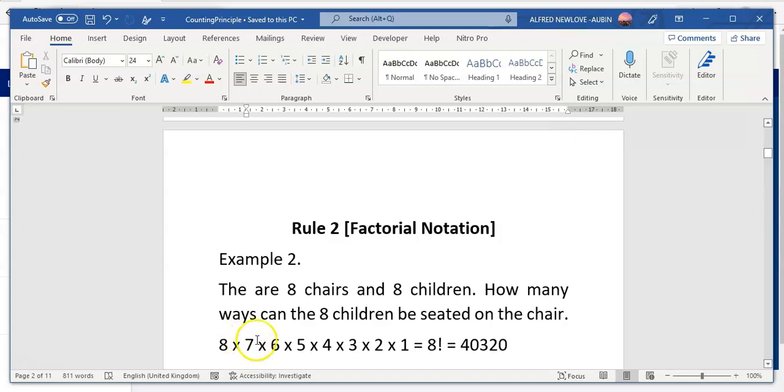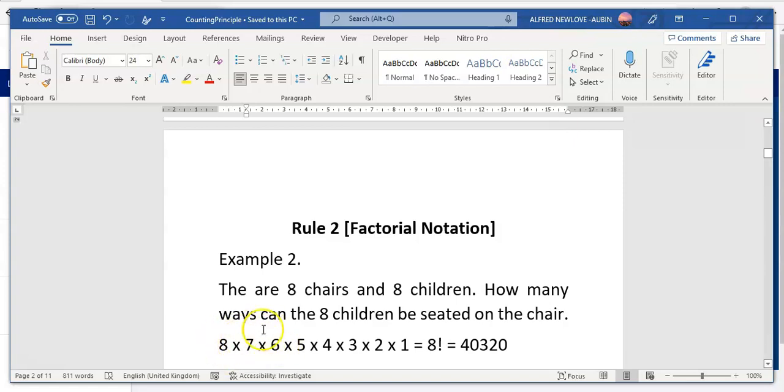Since the first seat has been taken, how many children are left? 8. Sorry, 7. 7 children are left. So 7 ways that the second seat can be occupied. It can be the first child, or the second, or the third, or the fourth, etc.